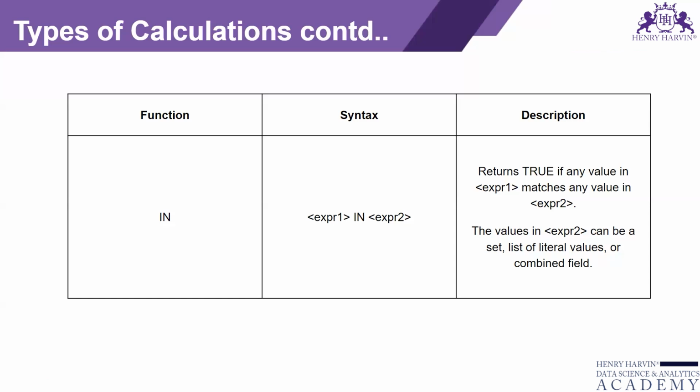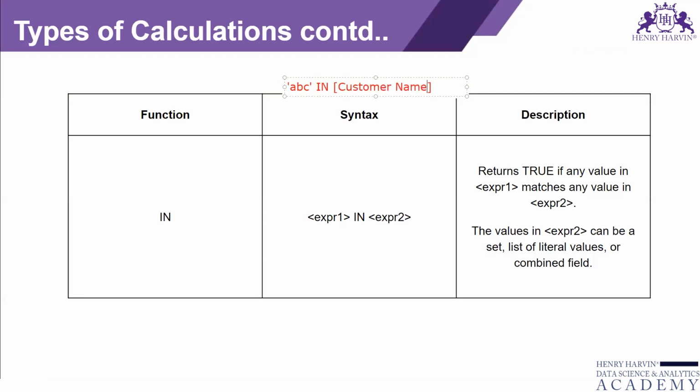If you write something like this, checking whether ABC is in my column customer name, it will check in the column customer name what are the values where the customer name has this substring, which is called ABC.